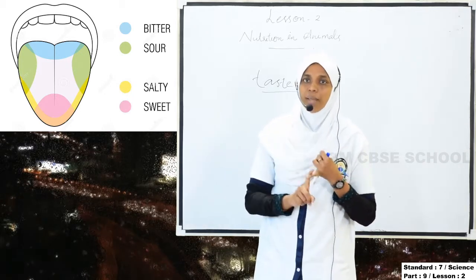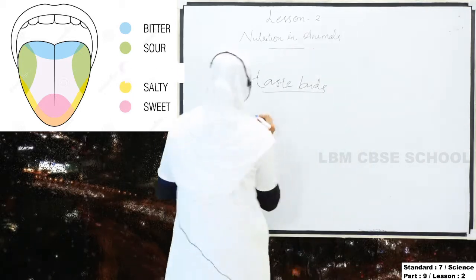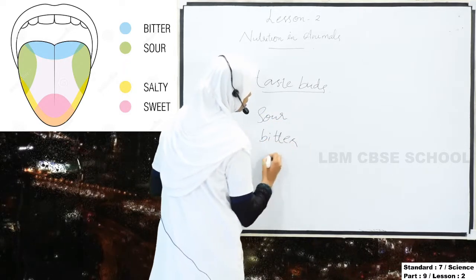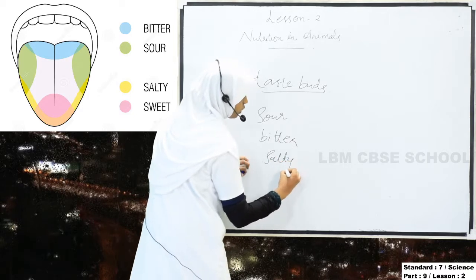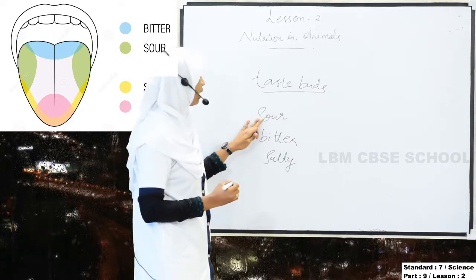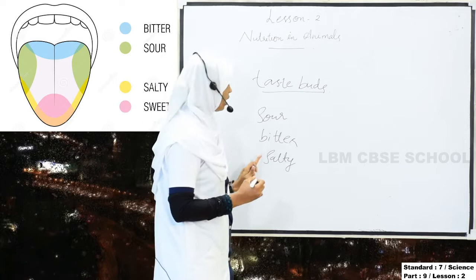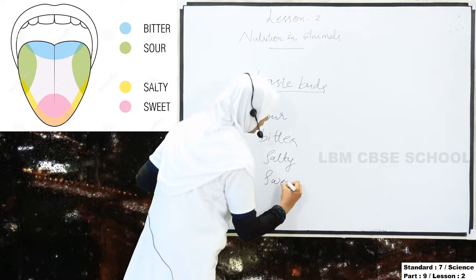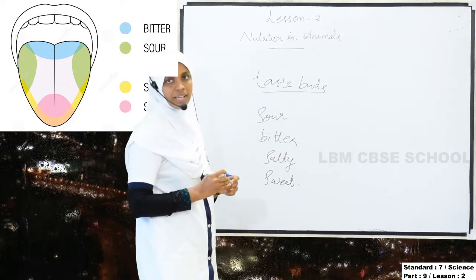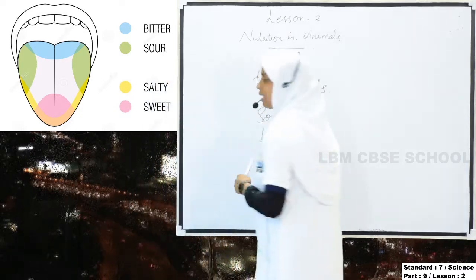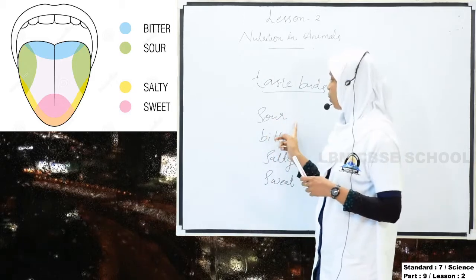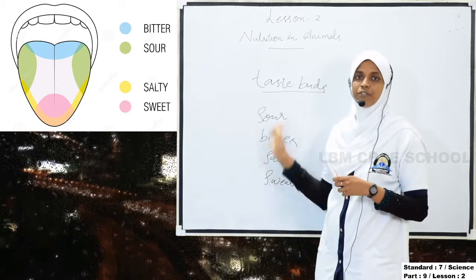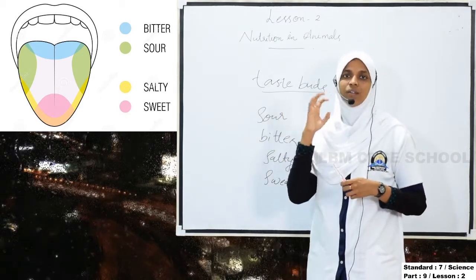Sour, bitter, salty, then sweet. These are the main types of tastes the tongue can recognize. ഏതാണ്? Sour, bitter, salty and then sweet. These are the different types of tastes that our tongue detects.